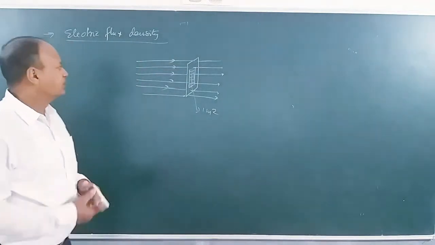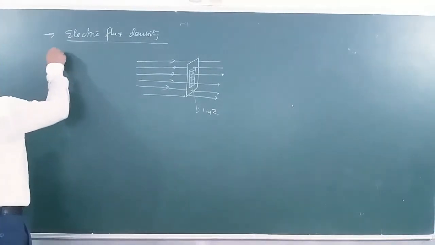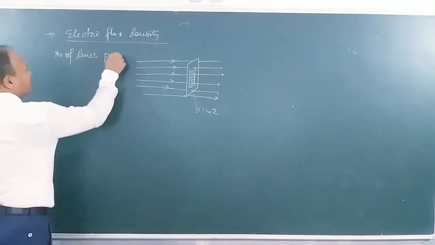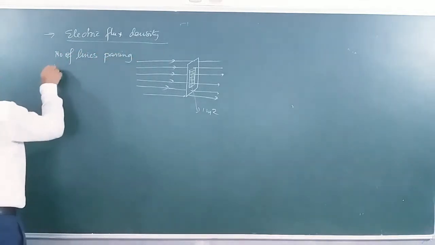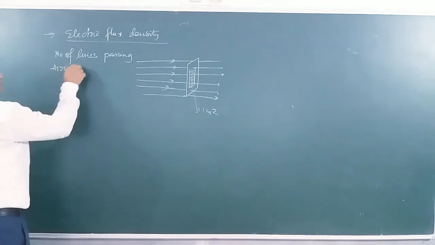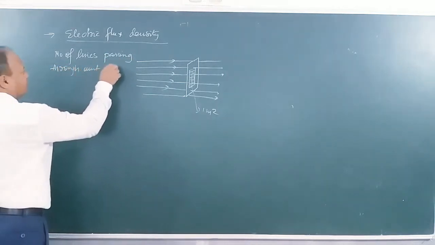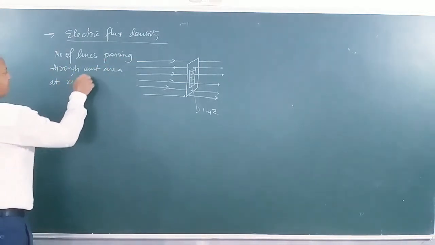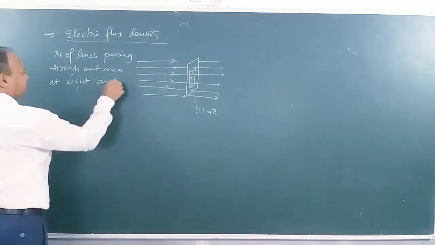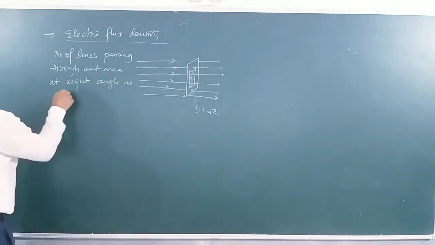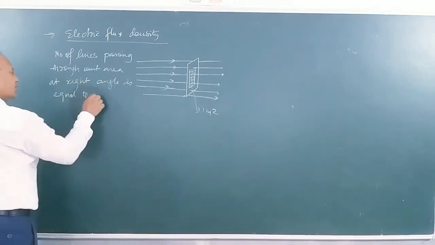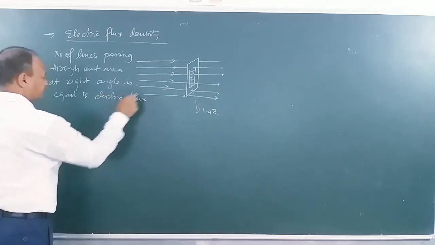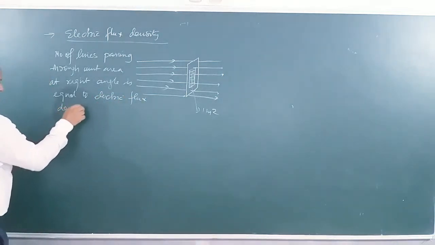Very simple. So the number of lines passing through unit area at right angle is equal to electric flux density.